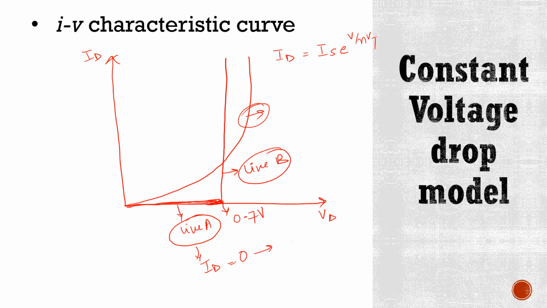It means the diode is off. Now if we look at line B, it is parallel to the y-axis. It means its slope is undefined. So this is the current voltage characteristic of the constant voltage drop model.